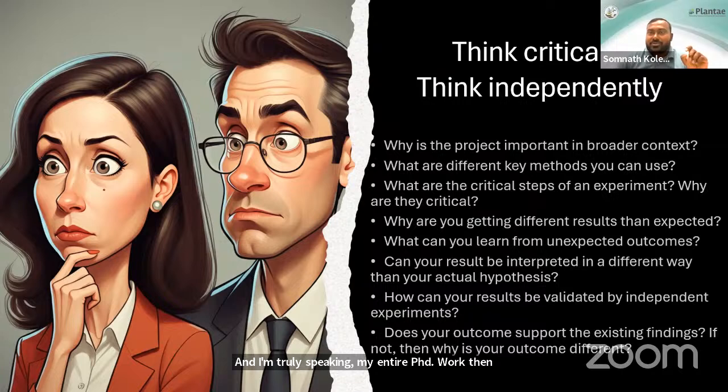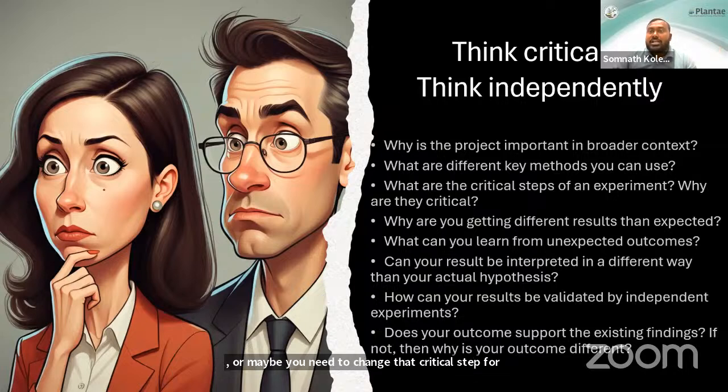So the key takeaway here is to always keep the bigger question in mind. When you are stuck, take a break, clear your mind, and try to brainstorm new ideas. Think in a different way. Maybe you are missing a critical step in your experiment, or maybe you need to change that critical step for your model system.